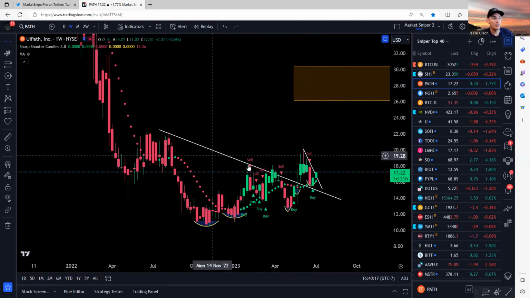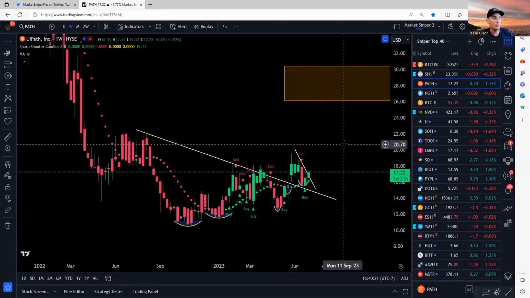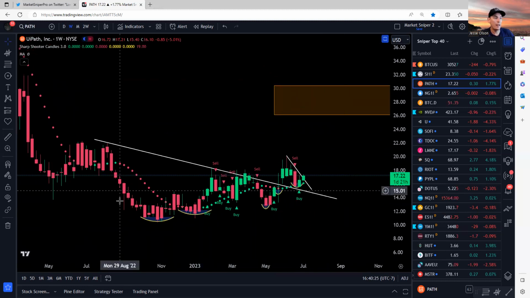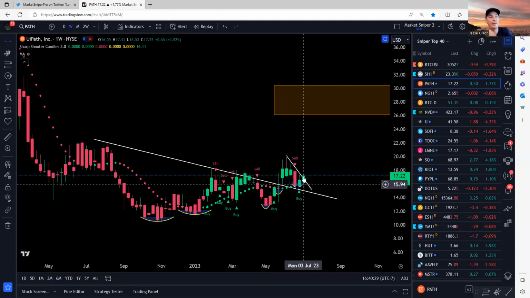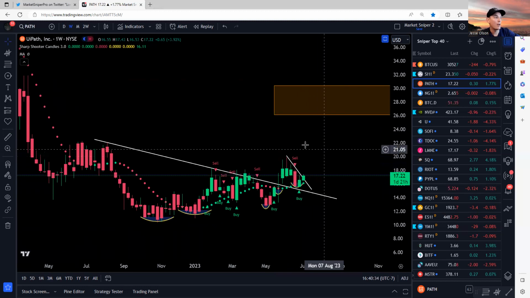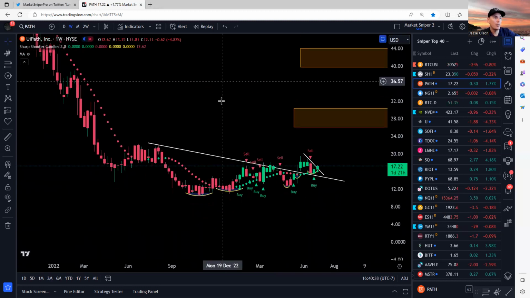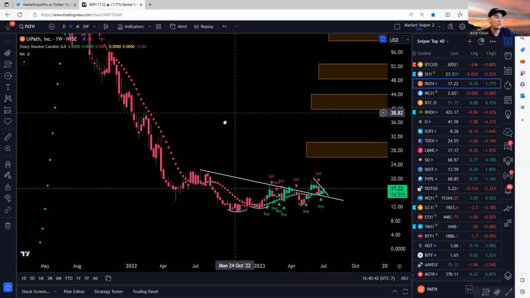It had the breakout above this downward trend line that I had drawn out. It went through this consolidation period and has broken out, come back, and now looks to be bouncing off. You've got the green trending dots trending upwards, and this major target up here, and the further you zoom out, the more potential you see.